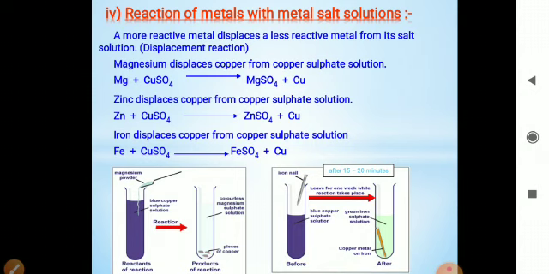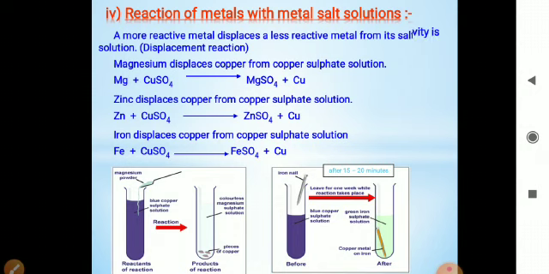That means magnesium, which is more reactive, displaces the copper. Similarly, when an iron nail is kept in a copper sulfate solution, as you can see in the picture also, because iron is more reactive than copper, it displaces the copper.